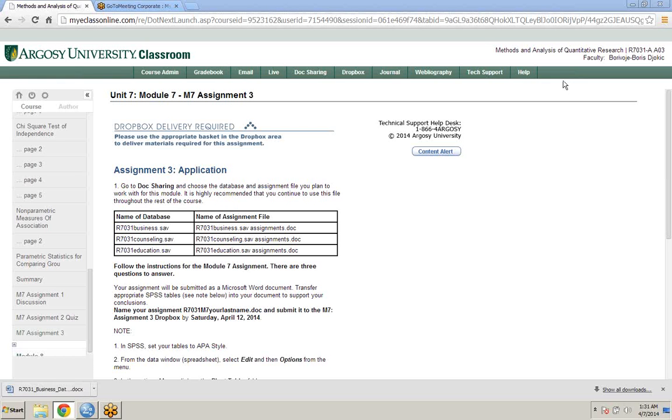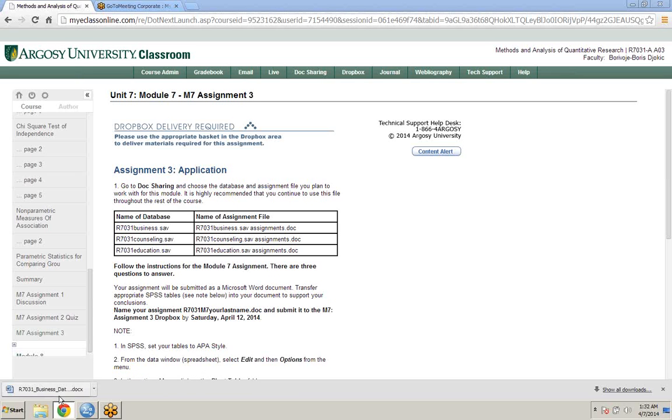I would like to go over some of the application assignments for Module 7, and I'll touch base on Module 8 and the final exam that's coming next week, next module. First things first, Unit 7, Module 3 is specified in the classroom as everything else is specified.